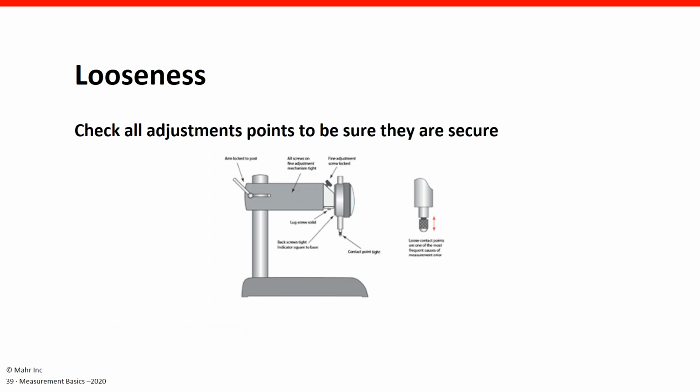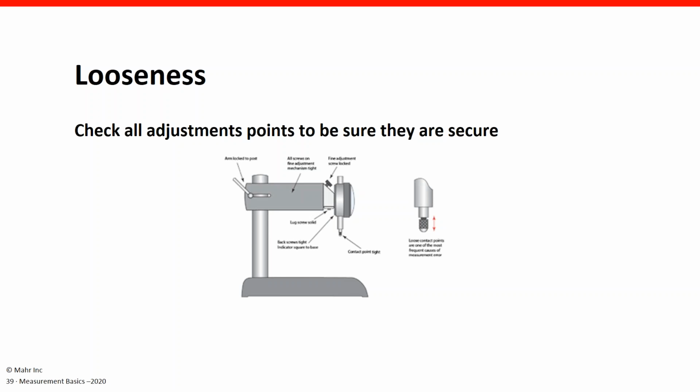Looseness is a big enemy of measurement. I want to make sure that we check all adjustment points to be sure that they're secure. So you can see that this is a simple bench stand here. There's probably millions of these in the shops around the country. And look at all these adjustment points we have.